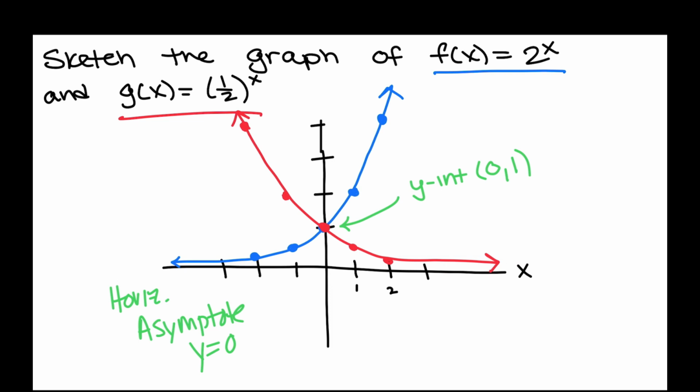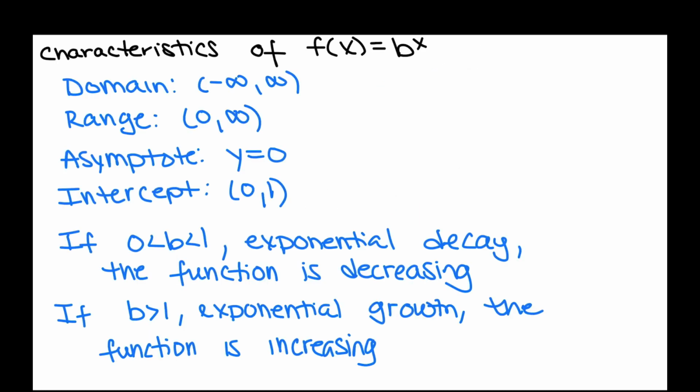So let's just make a list of some of these characteristics. If you have an exponential function of the form f of x equals b to the x, so the a is 1, the domain is all real numbers. You can plug anything into an exponential function.